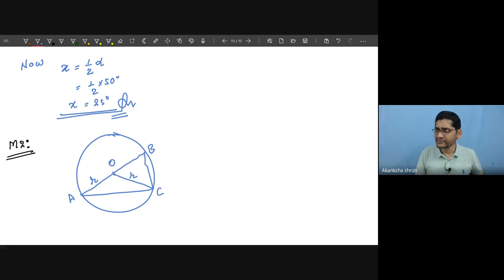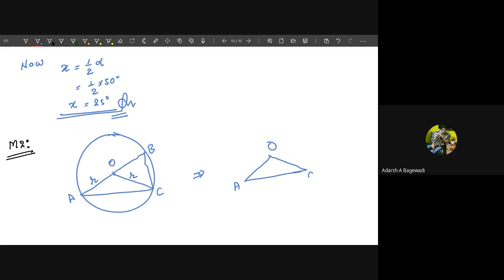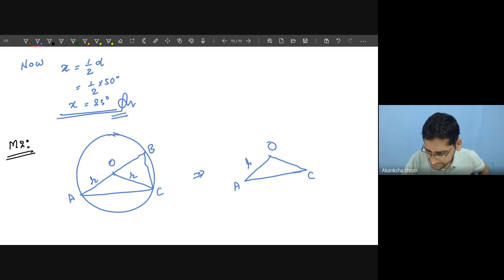Are you getting? Therefore, if you just draw the triangle OAC, how does it appear? Isosceles triangle. Very good. It is an isosceles triangle, students.